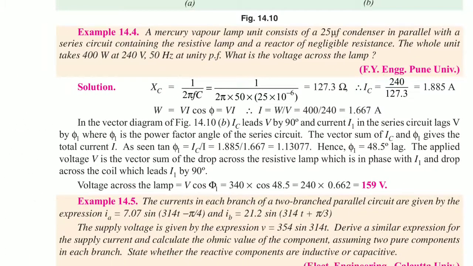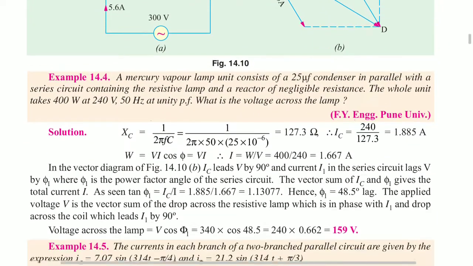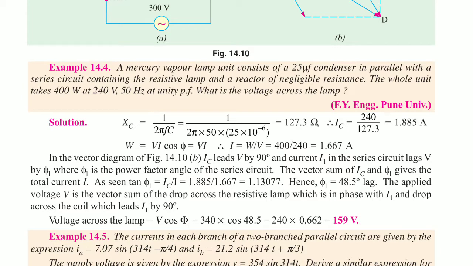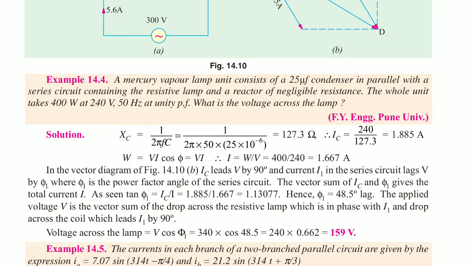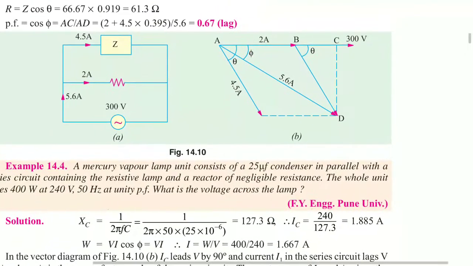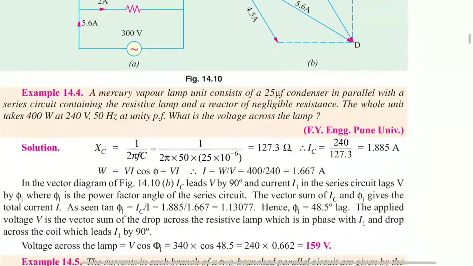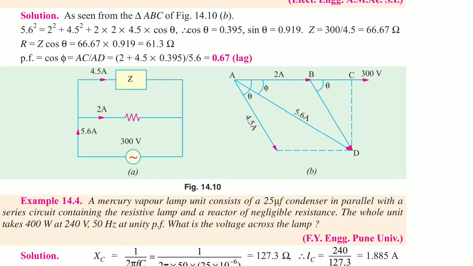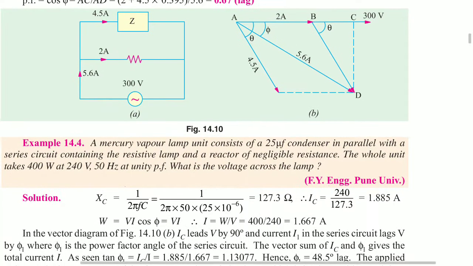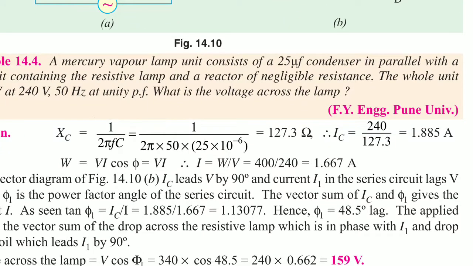From the vector diagram, figure 14.10b, IC leads V by 90 degrees. Capacitor current IC leads V by 90 degrees.